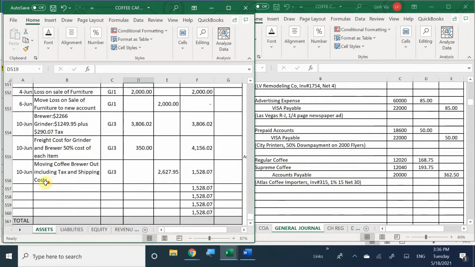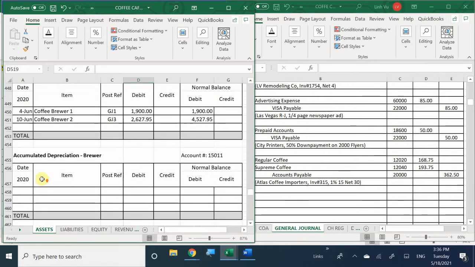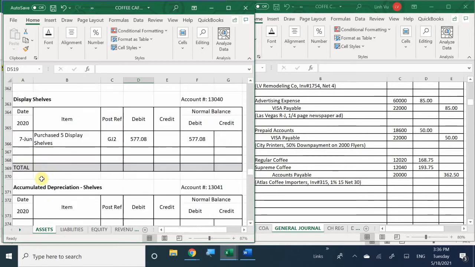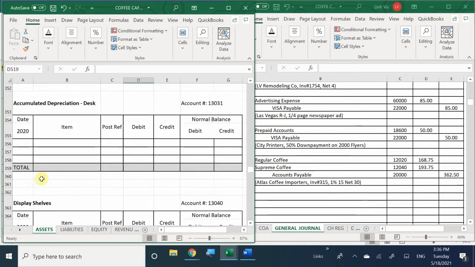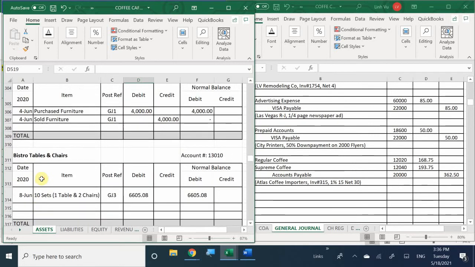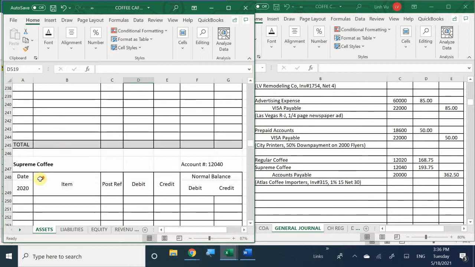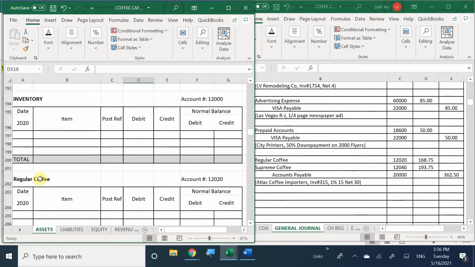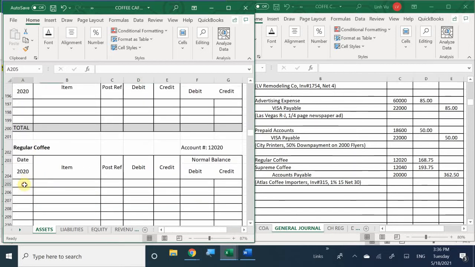Let's scroll through and find our coffee. Okay, so inventory should be here. Found it. So here's my regular coffee. The date is the 12th. Information that we could say here is that we purchased how many pounds of coffee?